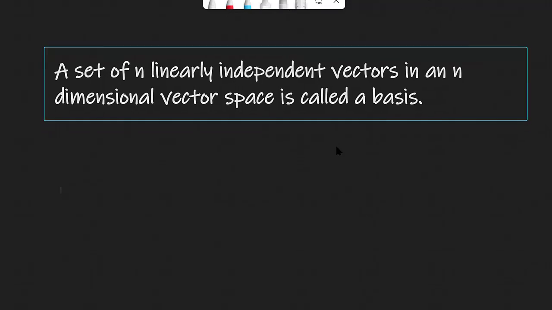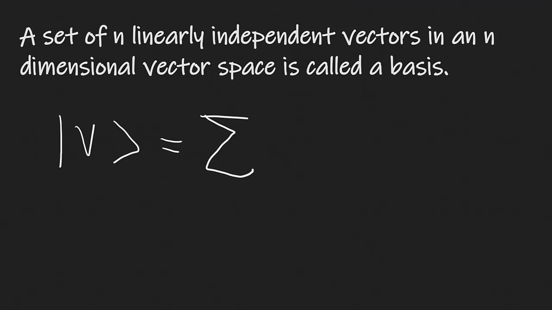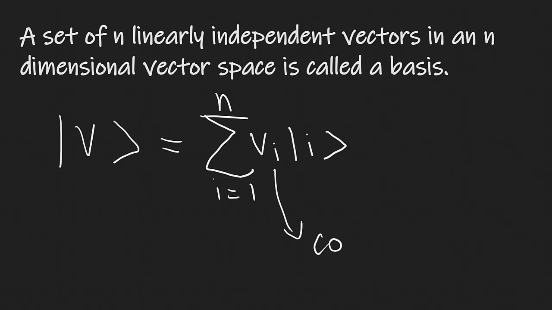But in general, if we have a vector, let's call that very imaginatively V, we can express that as a sum of the components V_i multiplying all of the individual basis vectors. And this is of course summed from i equals 1 all the way to n for an n-dimensional vector space, whereas this coefficient here is just known as the component.